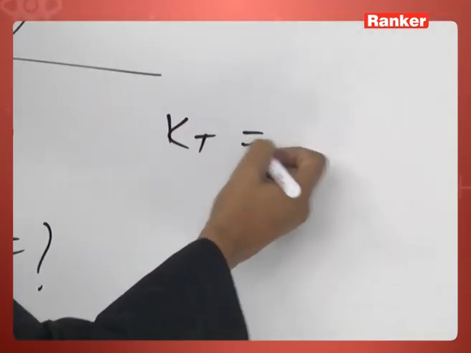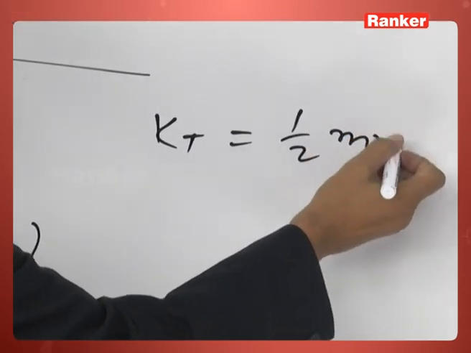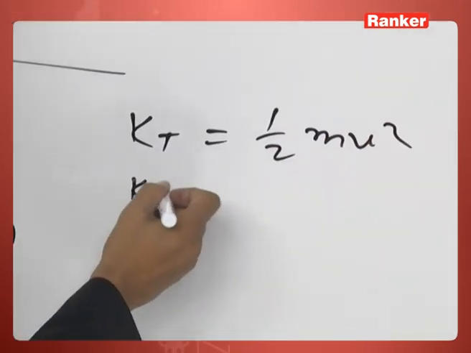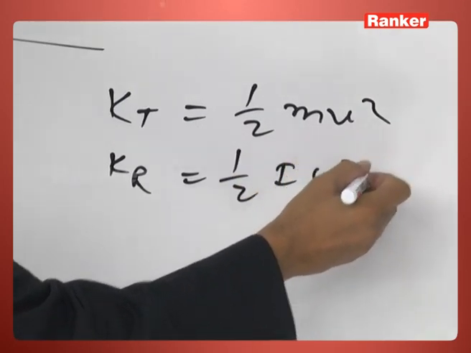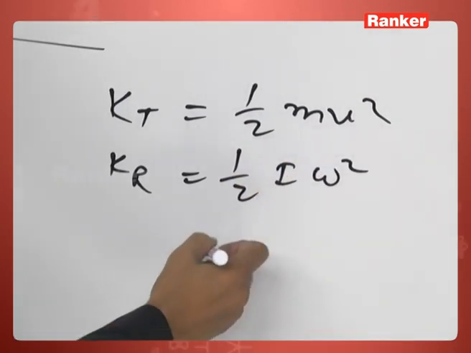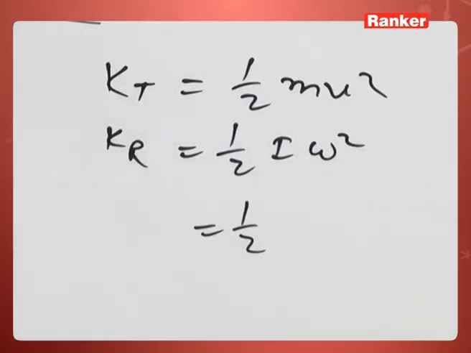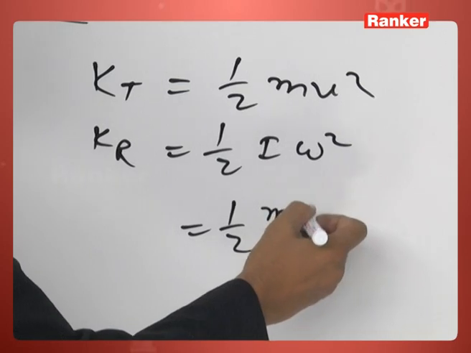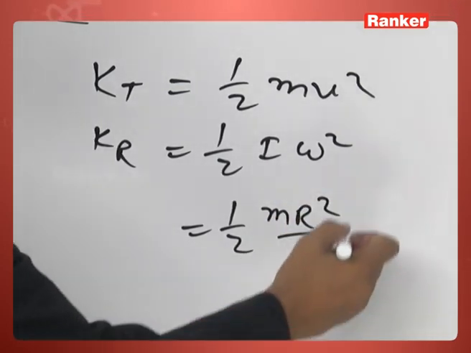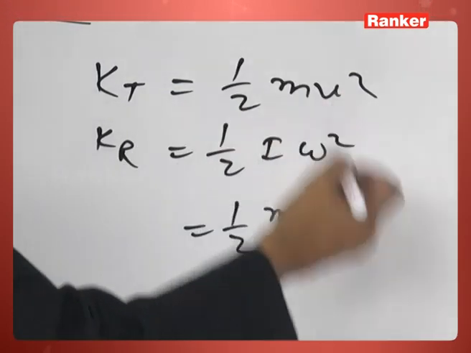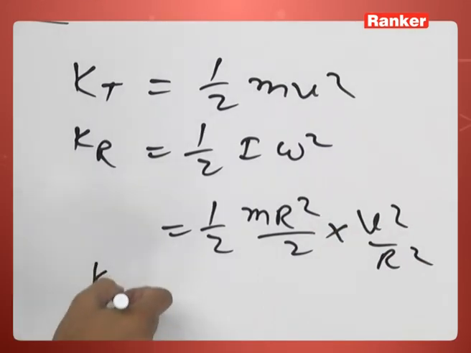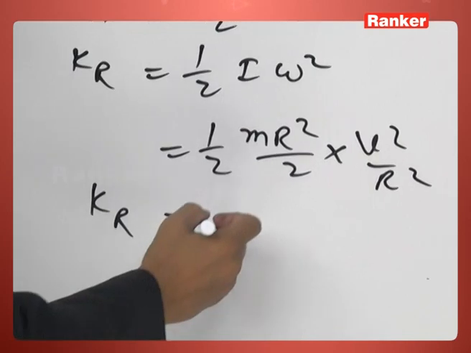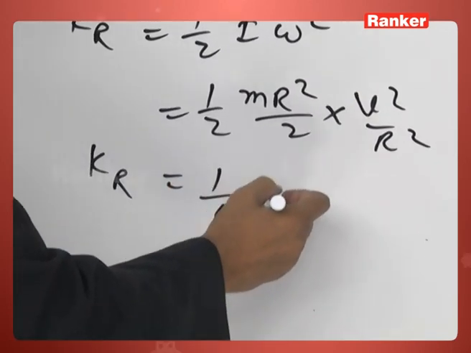K translational is half mv square, K rotational is half I omega square, and since this is a disc, I, the moment of inertia, is mr square by 2, and omega is v square by r square. The K rotational will be 1 by 4 mv square.